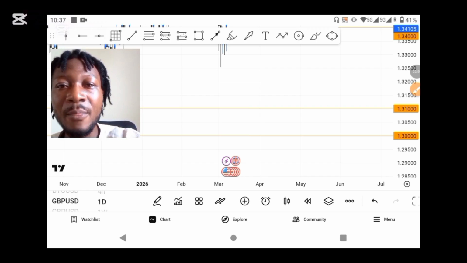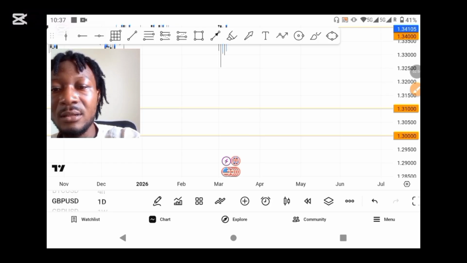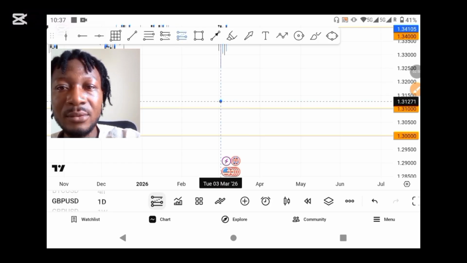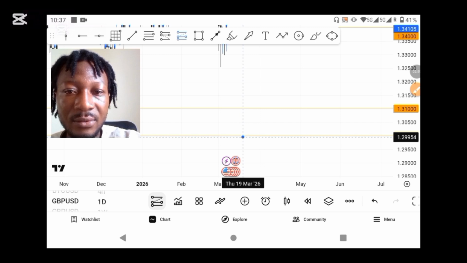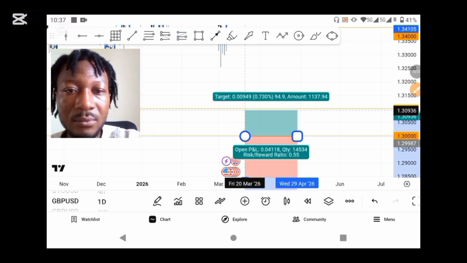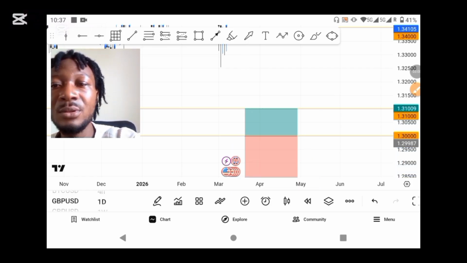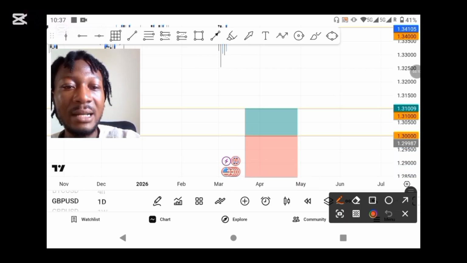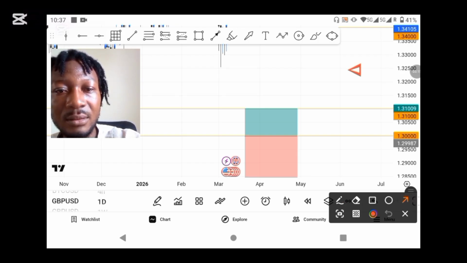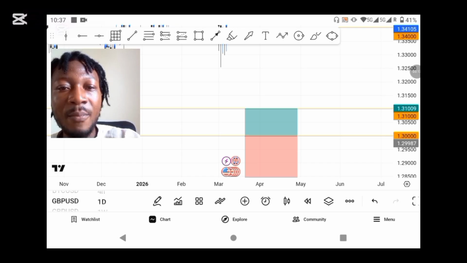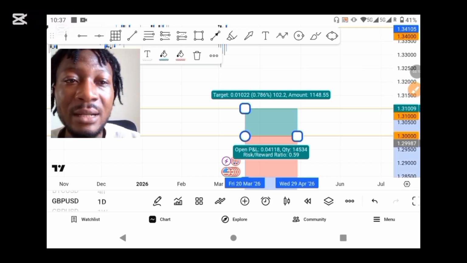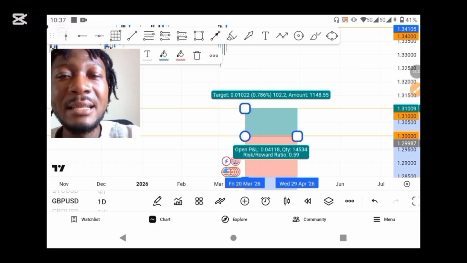To verify, there are so many tools you can use, but let's just use this buy sell tool. So you take from here to here. You see, it's showing us 102 because I'm not accurate with the timing. So we have 100 pips here, and that's how it goes.